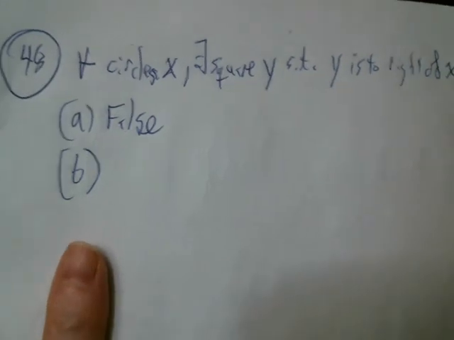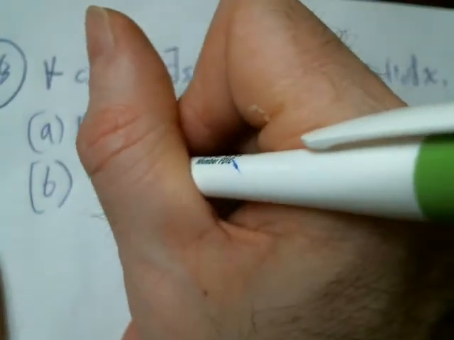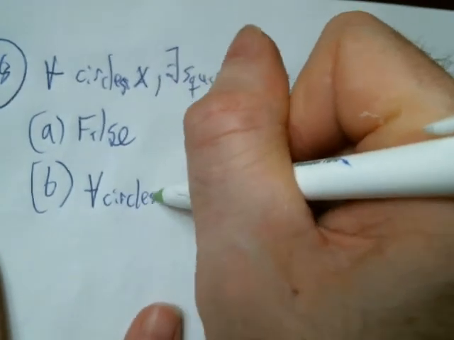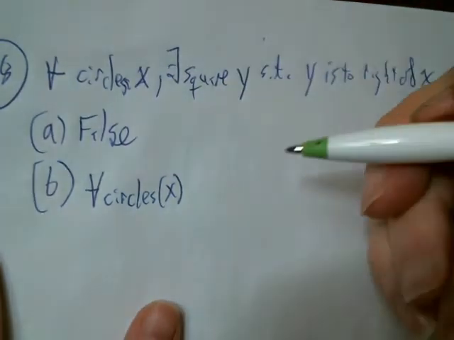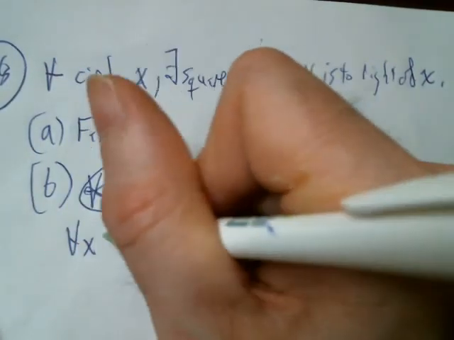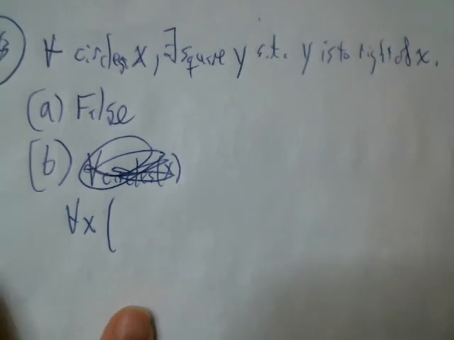Okay, so anyways, formally translate for all. Then we use our function notation for all circles. Well, no, that's not how we say it: for all objects x, and then we use a conditional.